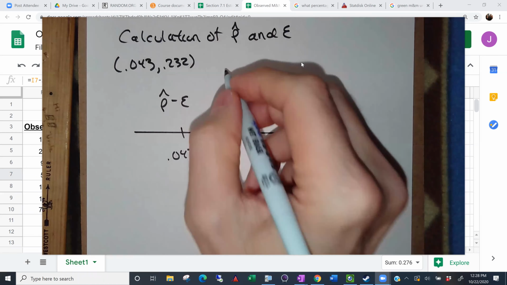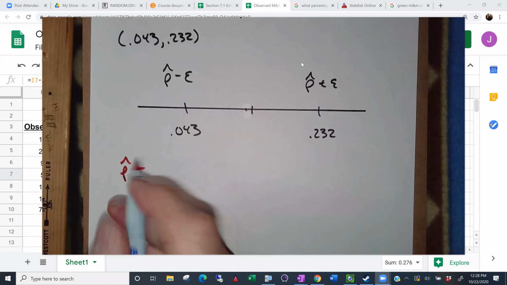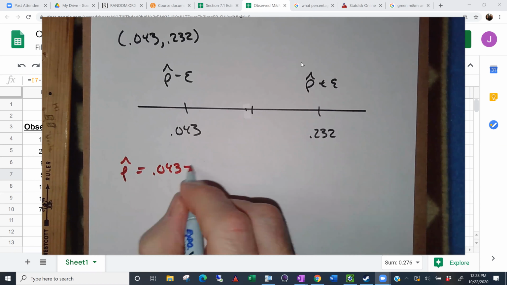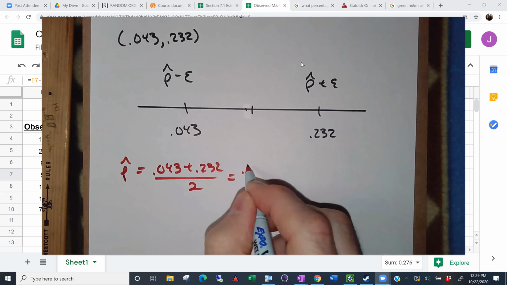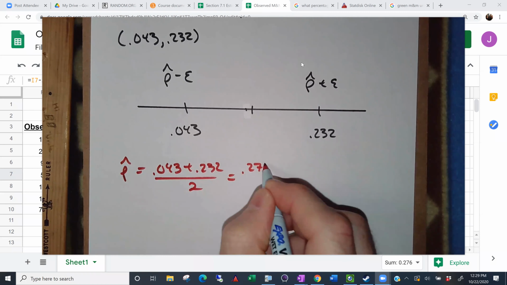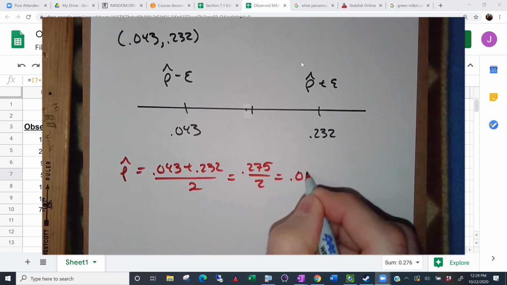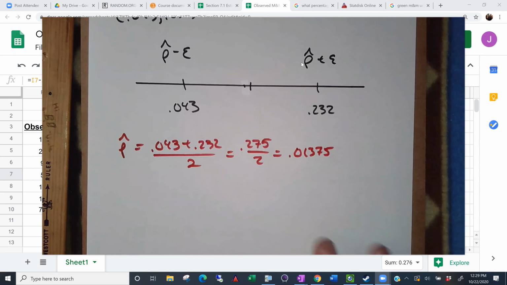So p hat is going to be the middle. And let's do that here. p hat would be 0.043 plus 0.232 divided by 2. So that's going to be 0.275 divided by 2, which is 0.1375. Yay. So that's p hat.